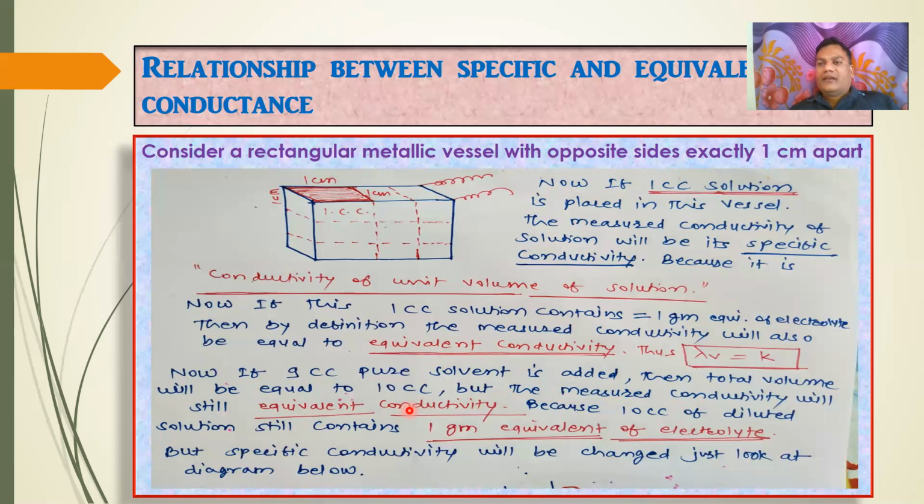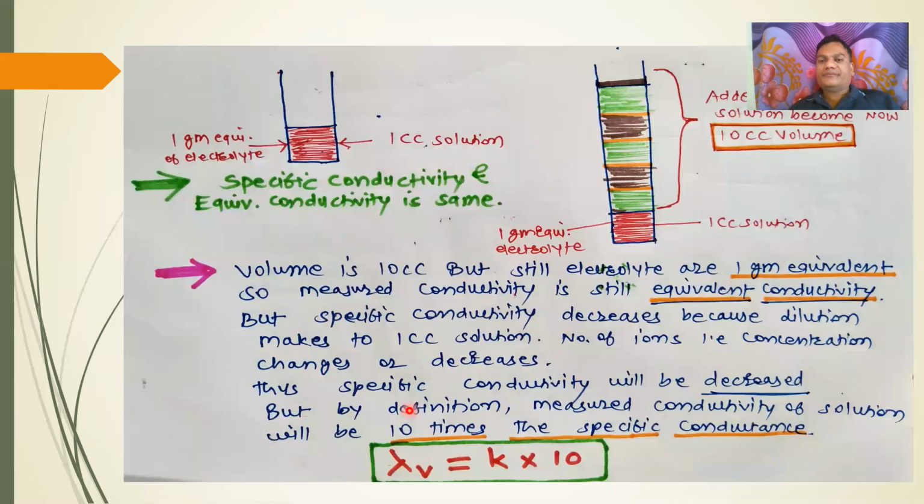Why? Even though the volume is increased from 1 cc to 10 cc, the quantity of electrolyte is still 1 gram equivalent, because of which the measured conductivity will be its equivalent conductivity. But what the definition says, see the diagram in the next slide.